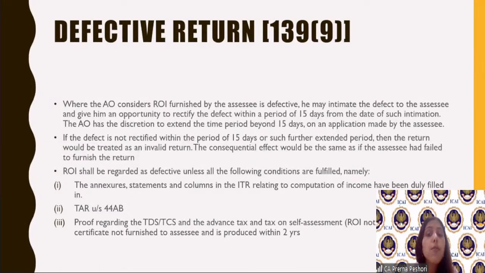So it was impossible for the assessee to file prior to the sanction received from the NCLT. And therefore, in that case, the assessee's return was considered as appropriate. Clear? So did you understand this case?